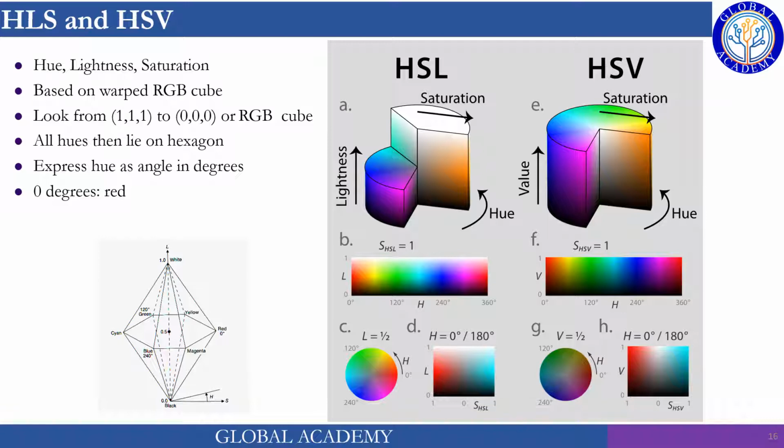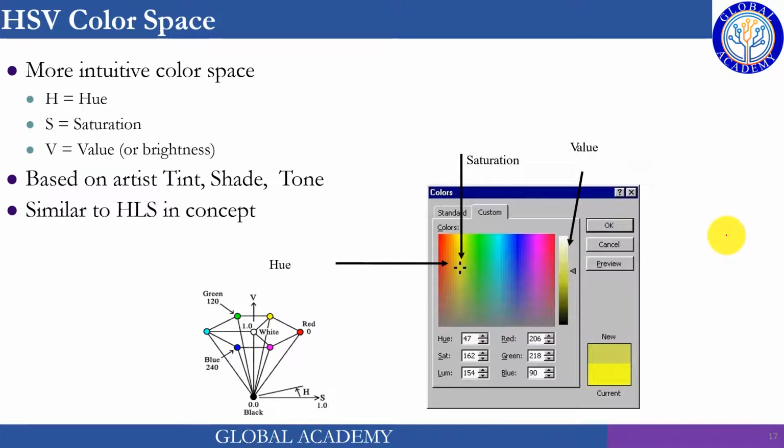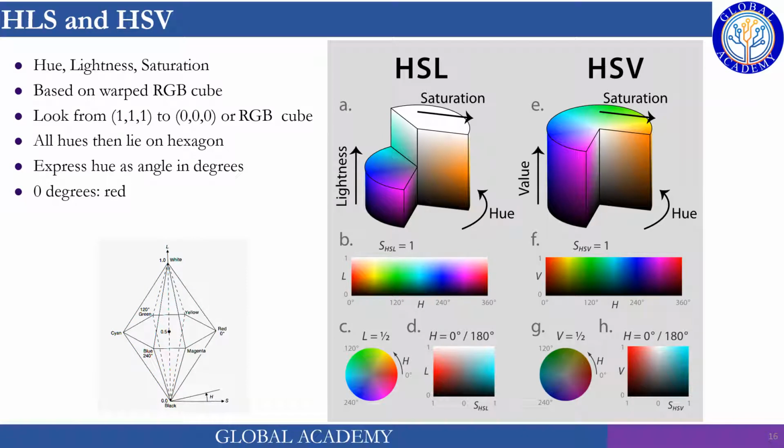So HSL is usually represented as this shape with white on the top and black on the bottom. This is a well-known color picker which is used in Microsoft, and you can see it's the same concept like this one.